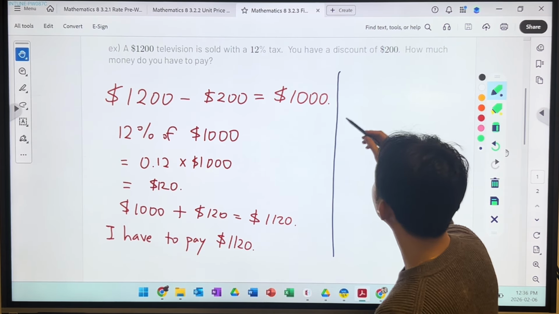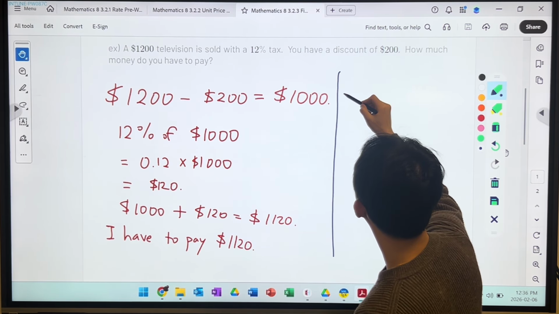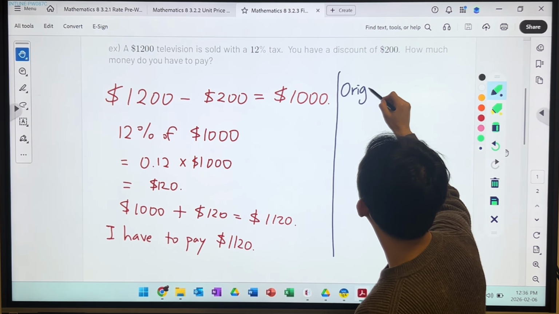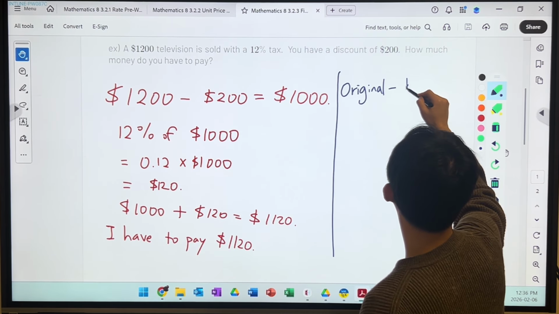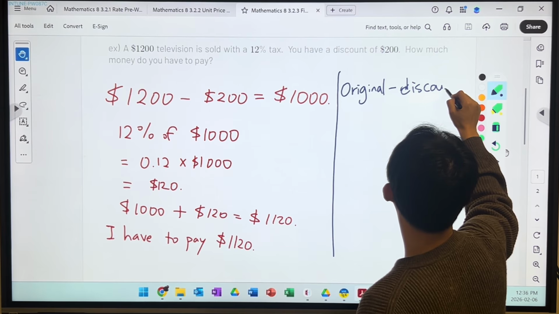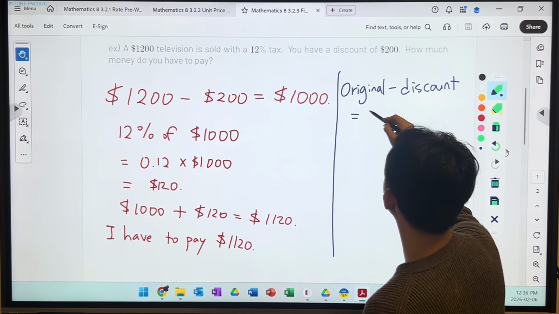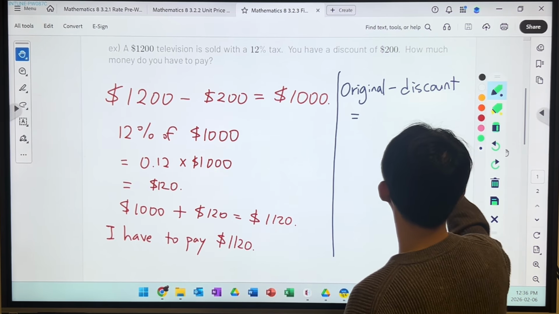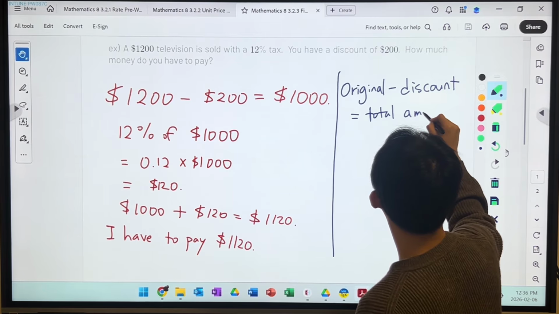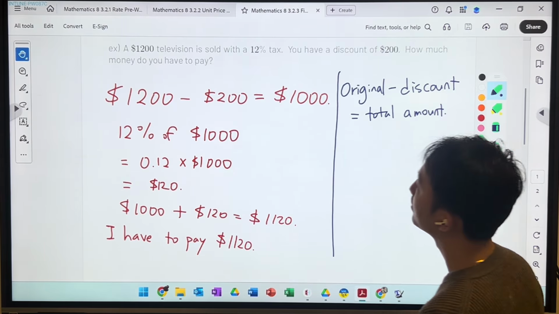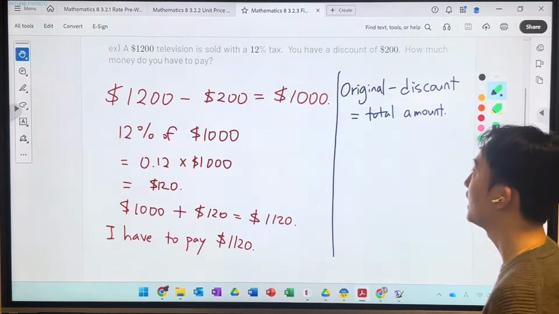Let's annotate the process. First, I do the original amount minus the discount amount to get the total amount. And then I calculate the tax amount.